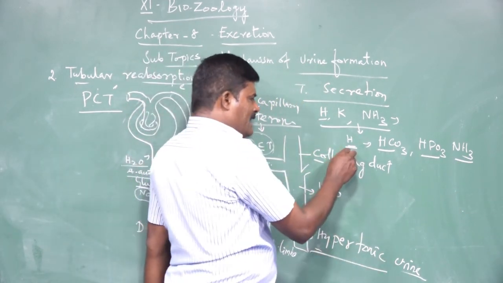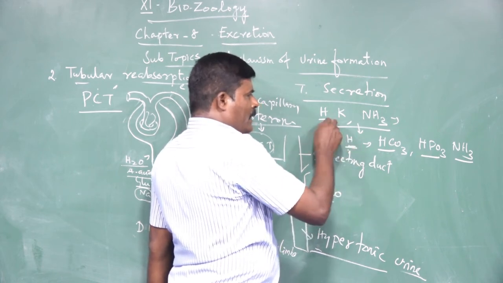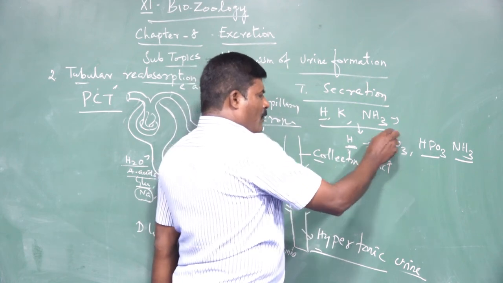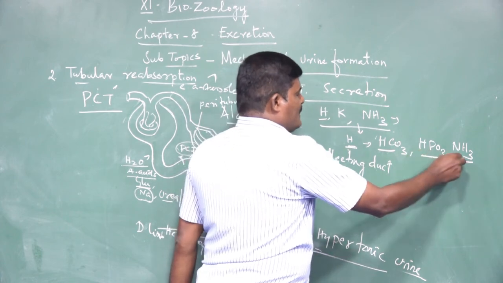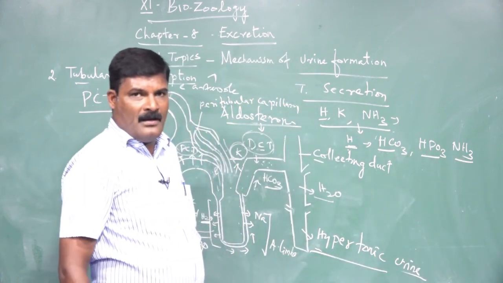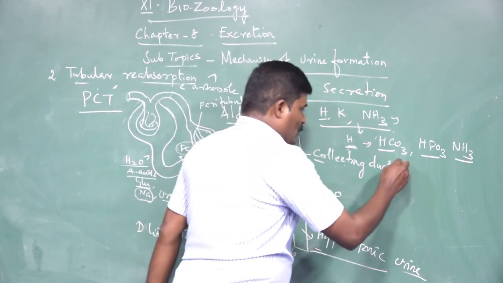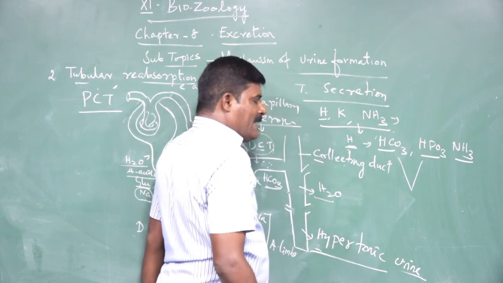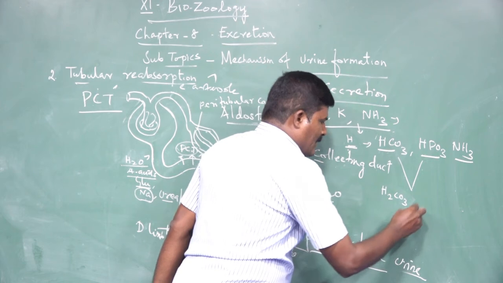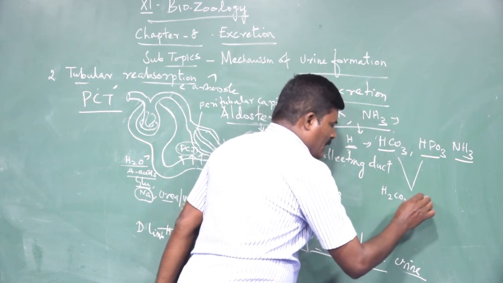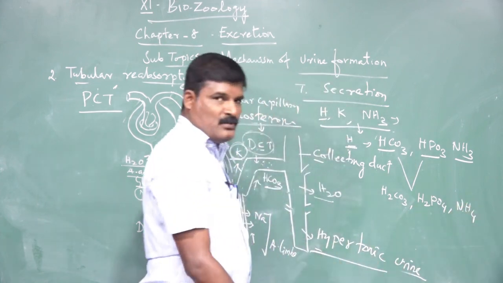So once the hydrogen is produced, it is secreted into the tubules in the form of bicarbonate, another one is phosphoric acid, metaphosphoric acid, and next one is ammonia. These maintain the pH of the body fluids. These compounds are always fixed as H2CO3, next H2PO4, and another one NH4.